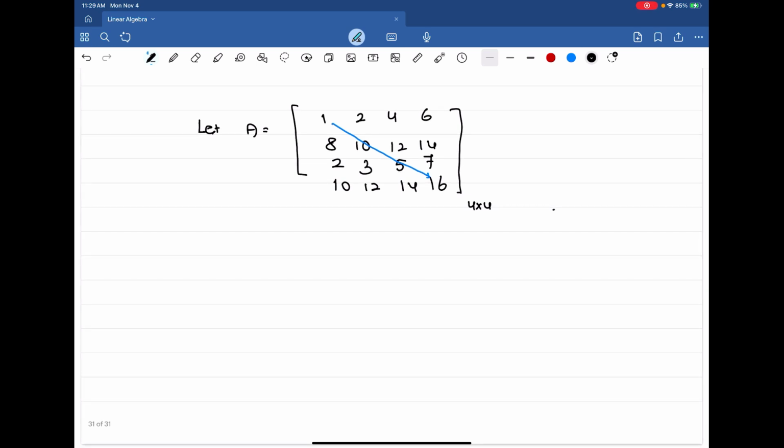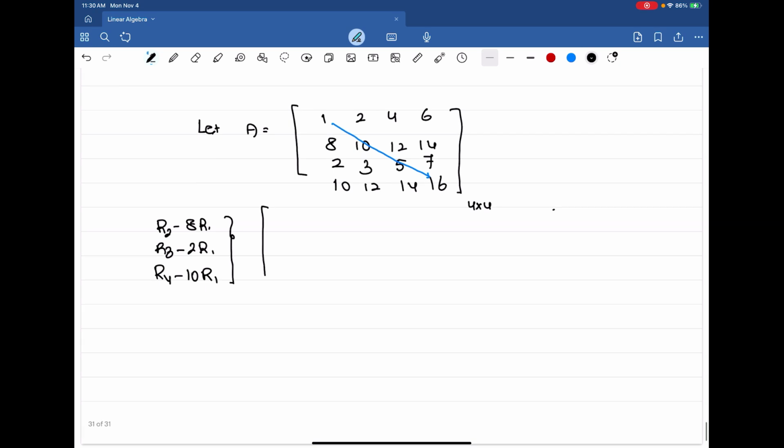Here we'll operate R2 minus 8R1, so that this 8 will become 0. R3 minus 2R1. R4 minus 10R1. We are operating on R2, R3, R4 using R1.